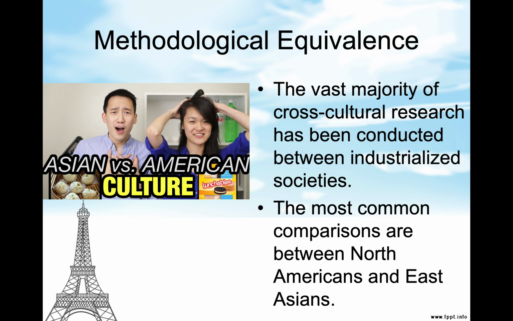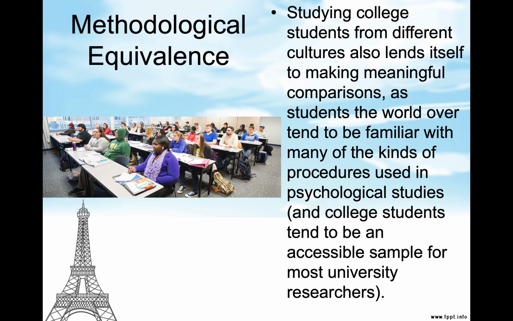The vast majority of cross-cultural research has been conducted between industrialized societies. The most common comparisons are between North Americans and East Asians, and it's funny, the differences between Asians and Americans, the ideas behind things.